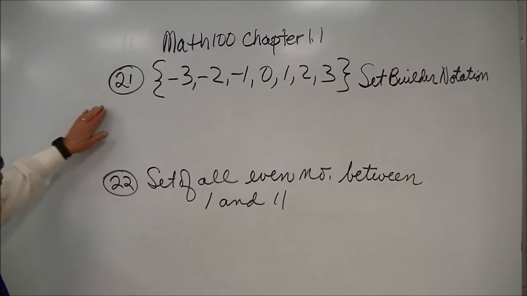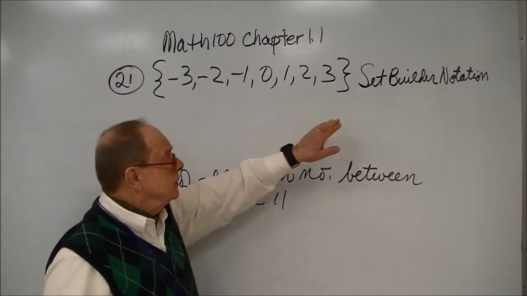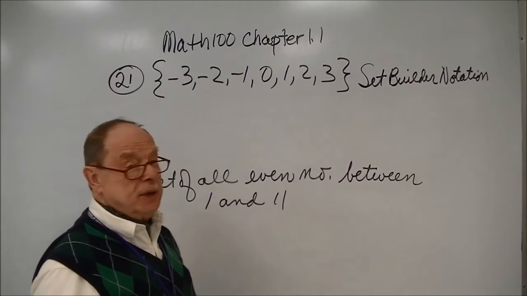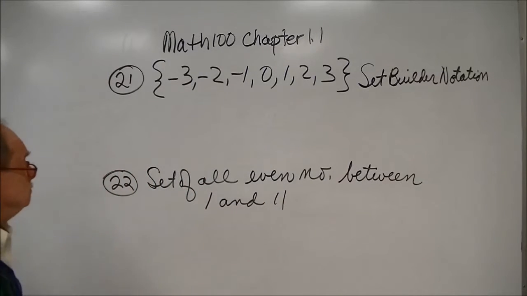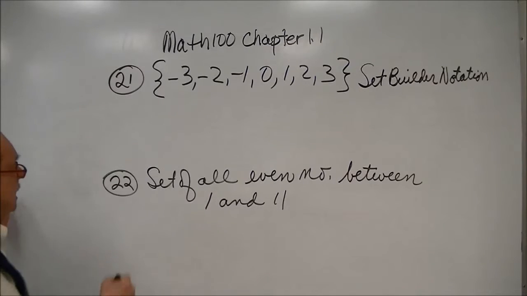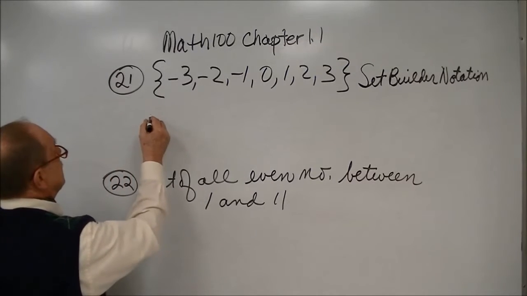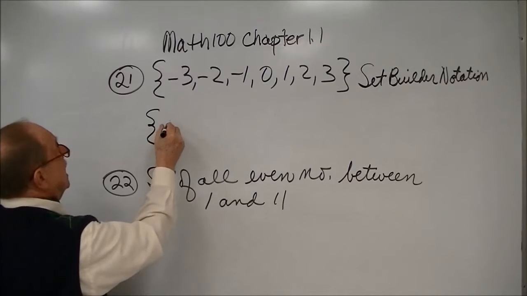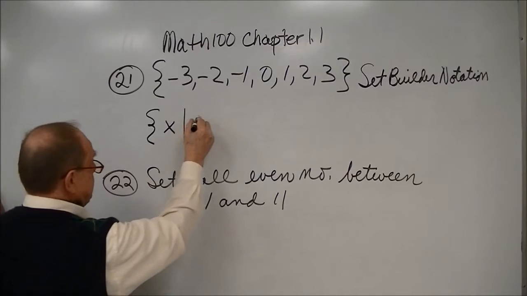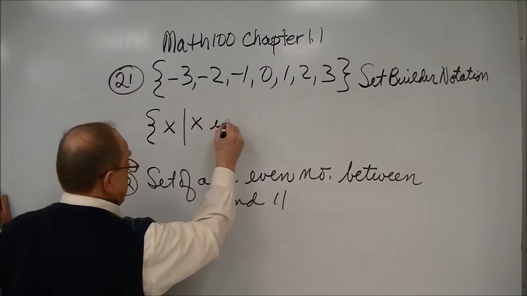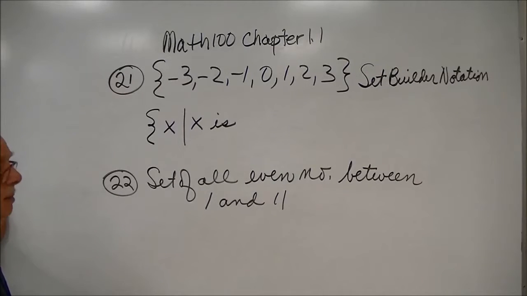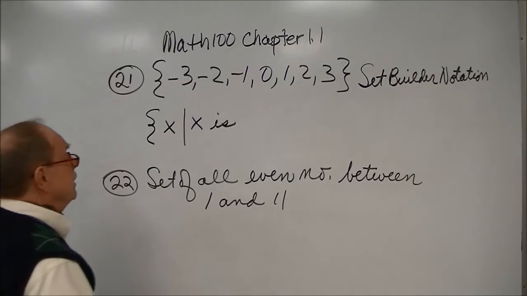All right, in number 21, they want us to convert from the set to set builder notation. So here's our set of numbers, and we're saying that x is such that x is, now as we look at it, what are those numbers? And they're integers.